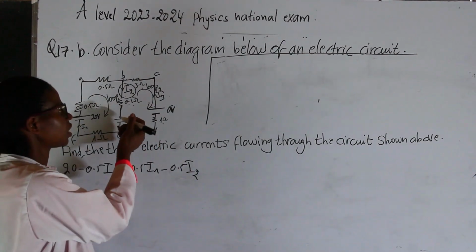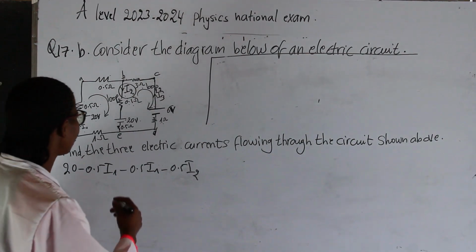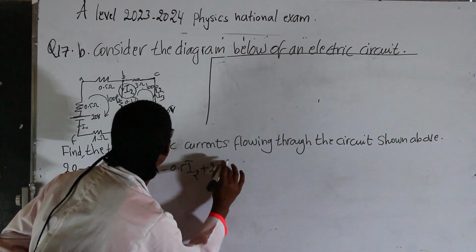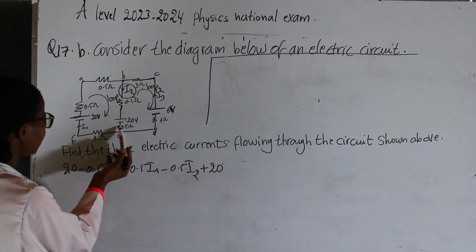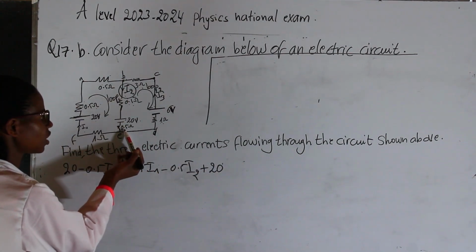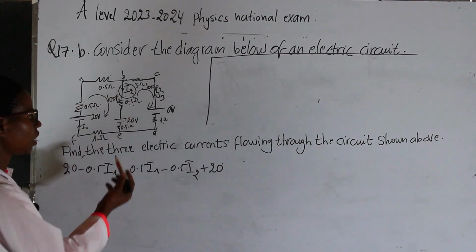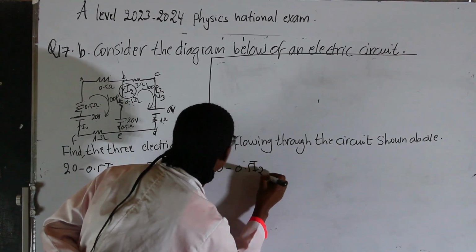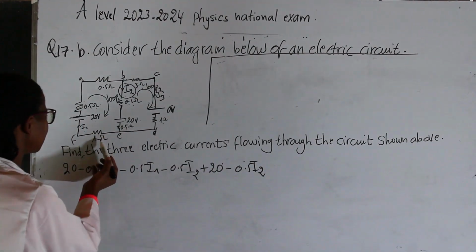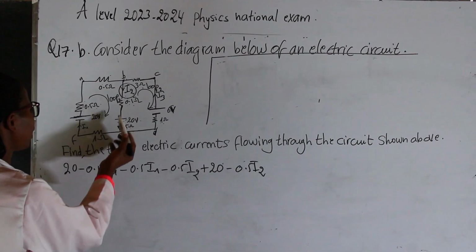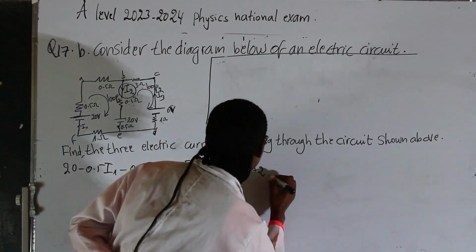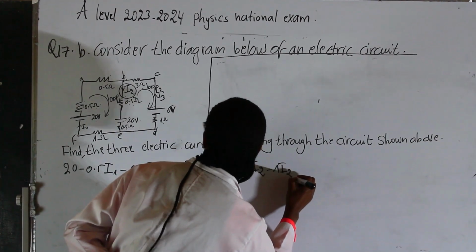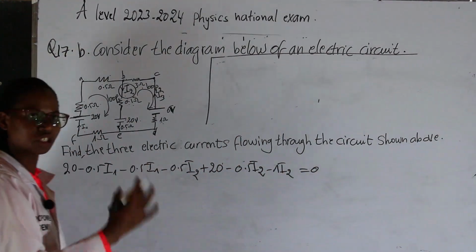Then plus this voltage, and the current passing in this resistance is I2, so V is 0.5 times I2. Reaching here, the current is also I2, then minus 1 I2. This should be equal to 0 according to Kirchhoff's law.